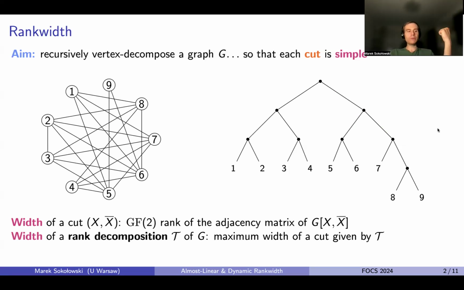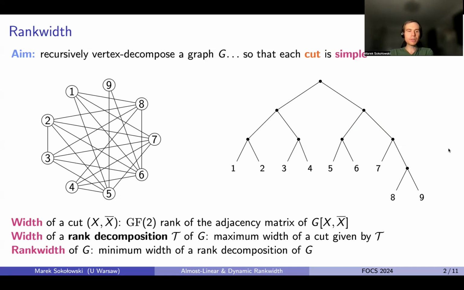Then naturally the width of the rank decomposition of a graph is the maximum width of any possible cut given by this tree decomposition, with those two cuts we already observed being two examples of such cuts. And the rank width of a graph is the minimum width of a rank decomposition of the graph. It can be observed that this rank decomposition has rank 2, and the rank width of the graph is 2.